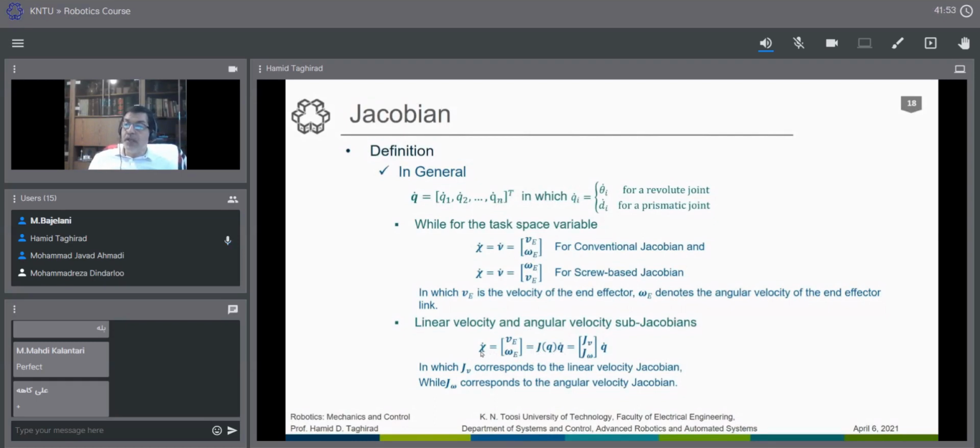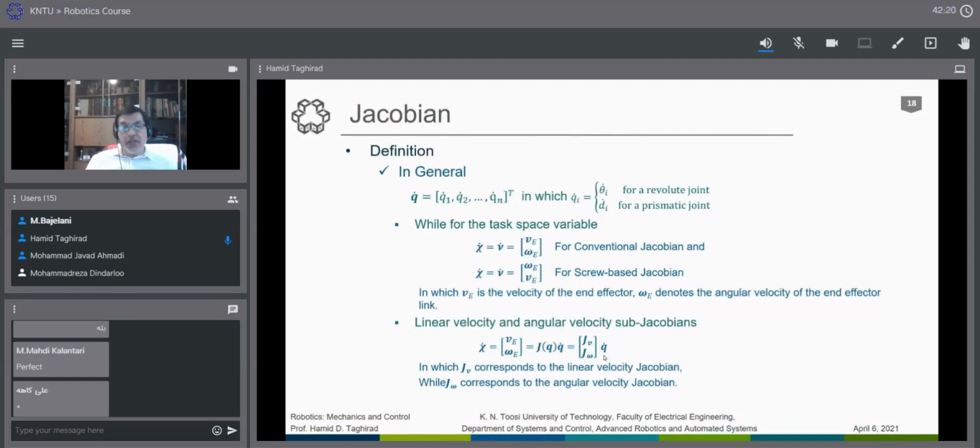Now, this Jacobian can be partitioned into two parts. We call it J sub V and J sub omega. J sub V is the linear part of the mapping, how Q dots are related to the linear velocity of the end effector. And J omega is related to the angular velocity.